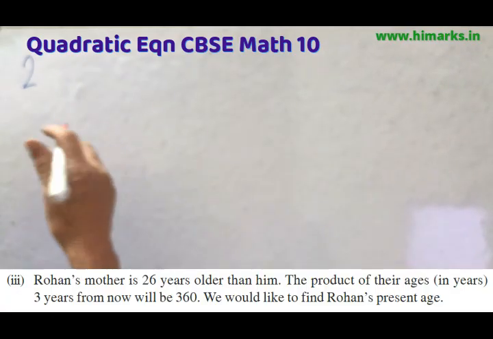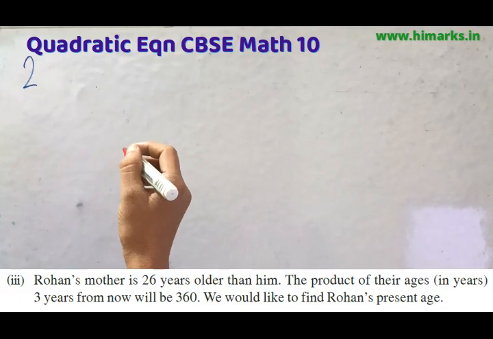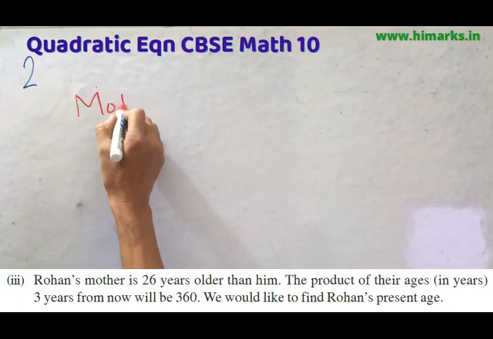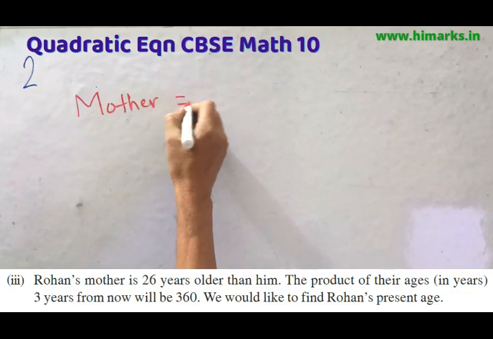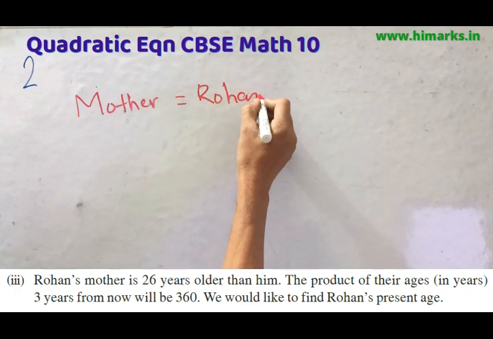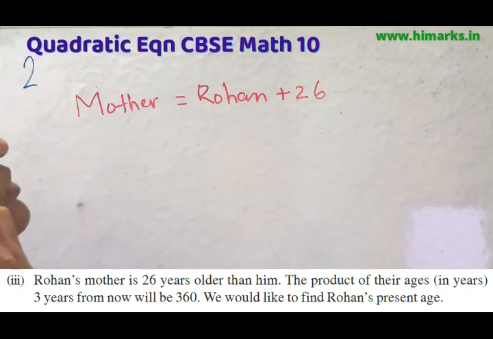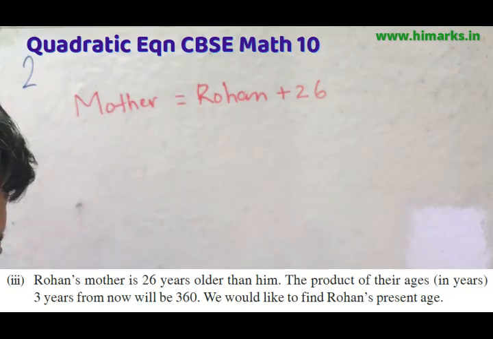Here the next sum, the third sum, is that Rohan's mother is 26 years older than him. So mother's age is Rohan plus 26. Who is younger? Rohan is younger. What to do in this kind of situation?